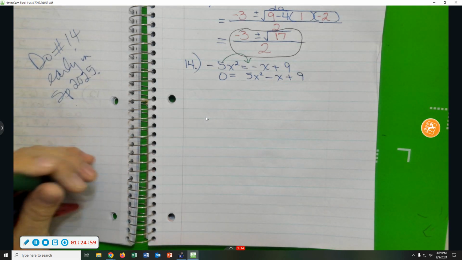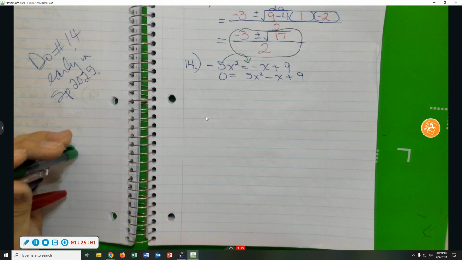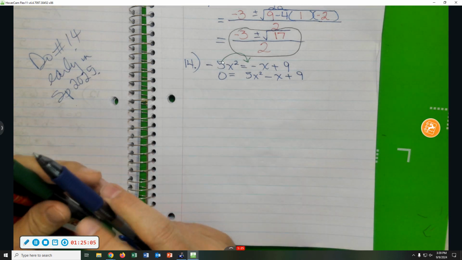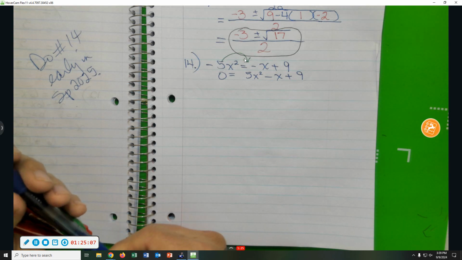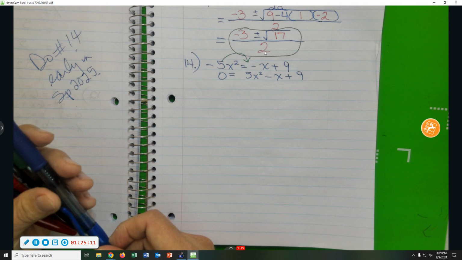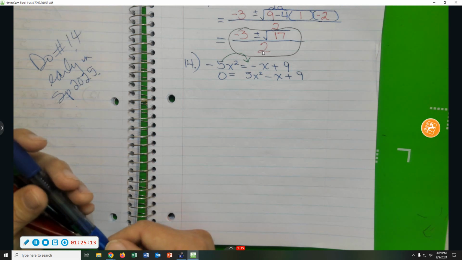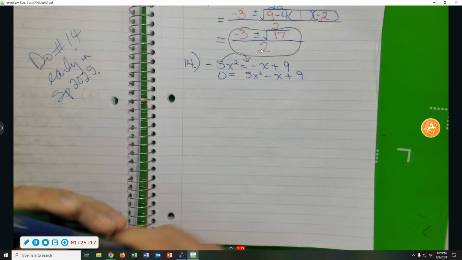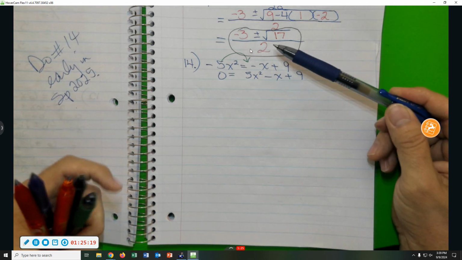Any questions on that? Why do we say make sure that the a term is positive? Because in the bottom of a fraction, do you want positive numbers or negative? You want a positive number in the bottom of a fraction.